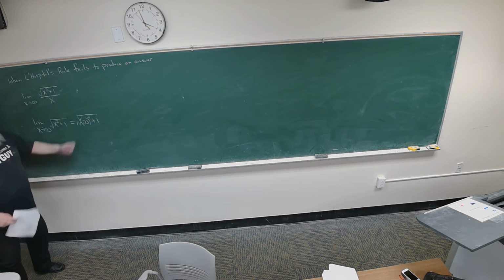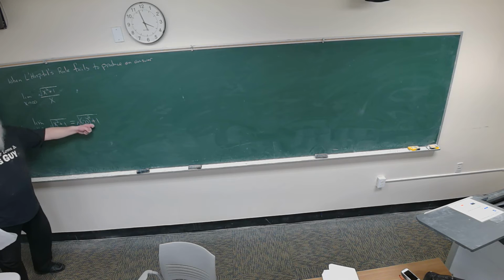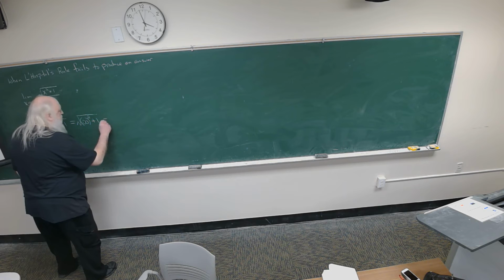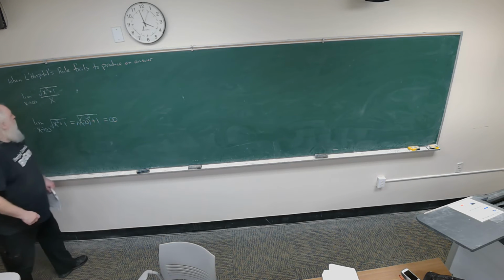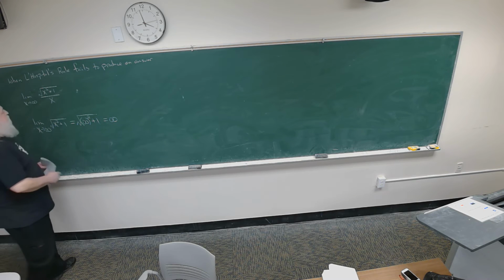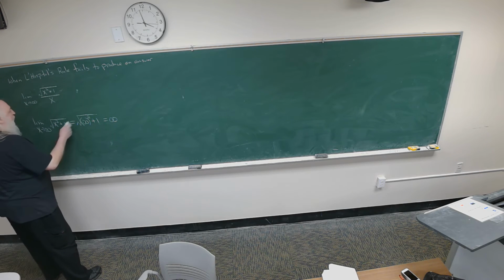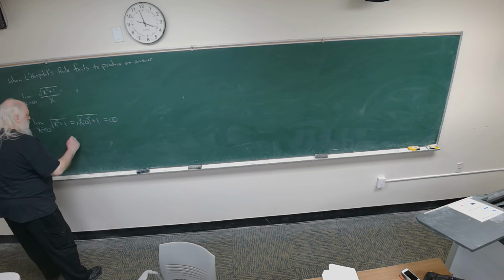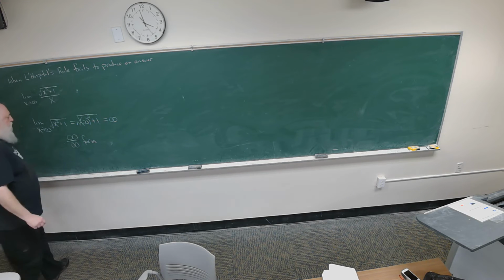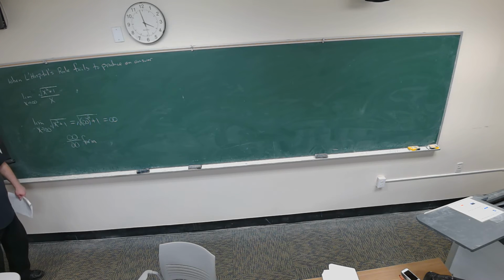Infinity squared is infinity, infinity plus 1 is infinity, and the square root of infinity is infinity. And as x goes to infinity, the denominator x goes to infinity. So up here we have infinity over infinity form, so we can apply L'Hopital's rule.